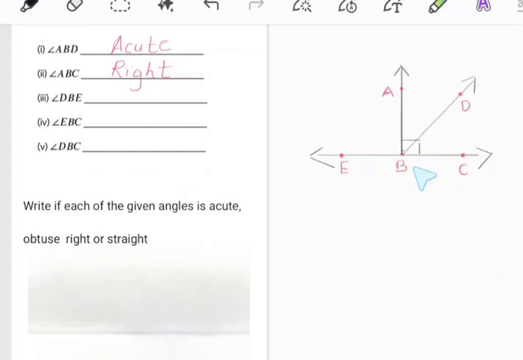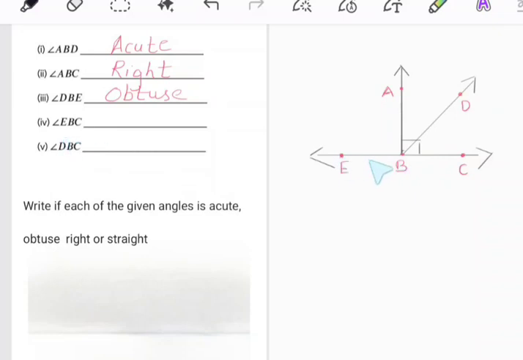Next, angle DBE. Sorry, angle DBE. This is wider than 90 degrees, so we can write it as obtuse angle.